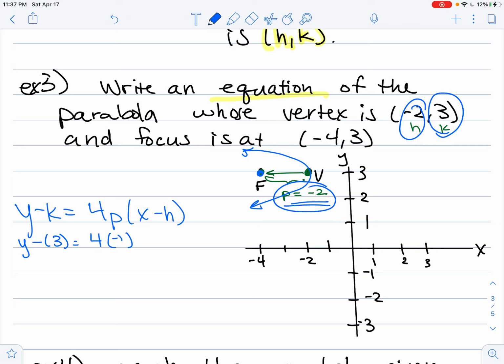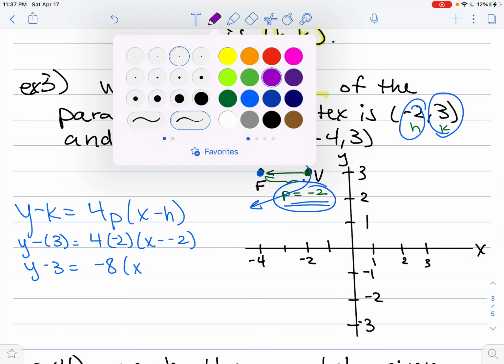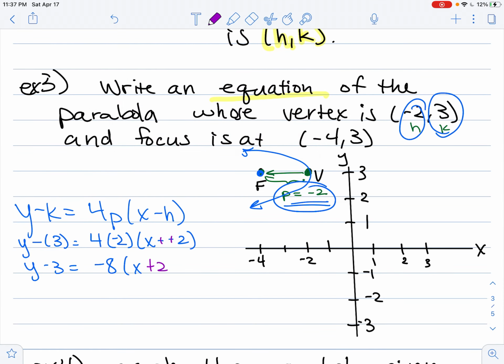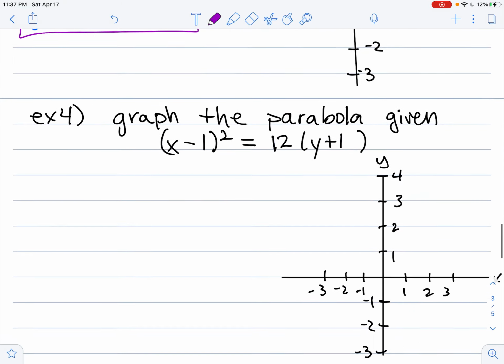Remember, p is -2, times x minus h, which is -2. And now we're going to simplify. This becomes add the opposite. And that is a perfectly beautiful equation for that parabola.